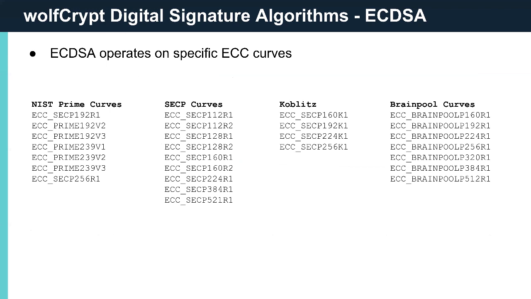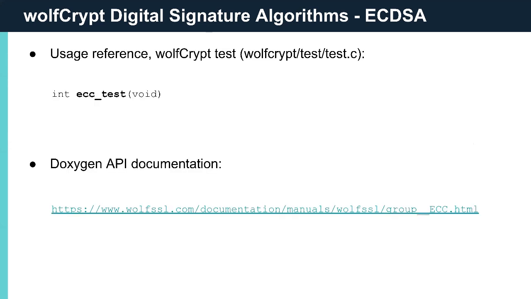These are the curves that wolfCrypt supports across the NIST prime curves, the SECP curves, the Koblitz curves, and the Brainpool curves. In addition to these, if you have your own custom ECC curve, that's what the enable ECC cust curves option allows you to use. Usage reference and tests are located in ECC test of test.c with our corresponding Doxygen API docs available as well.